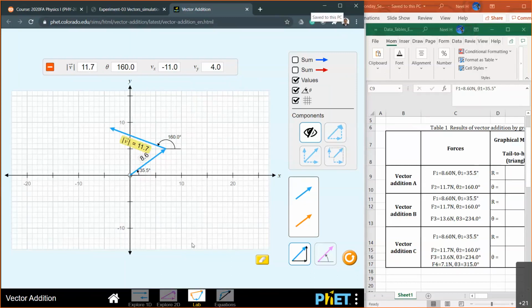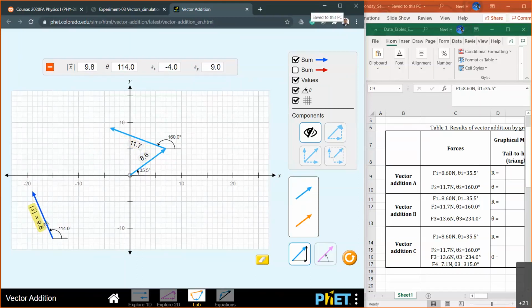And now in the simulator, we can check that easily. Click on the sum here, the blue line, okay? At the very top right hand side, it says sum. Click on that, and then a new arrow appears. That must be our resultant vector. Now the magnitude is 9.8, direction 114.